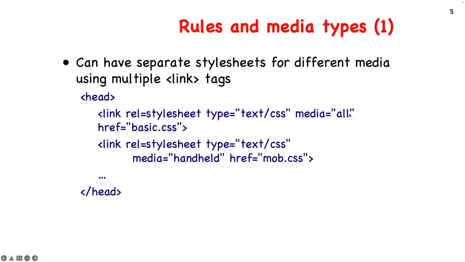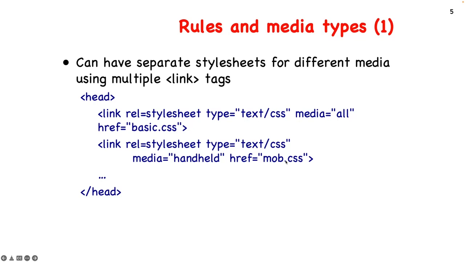We can have another style sheet which says, if our media type is handheld, so if the browser we're looking at reports to the server that it is a handheld device, so a phone, then these rules will apply.